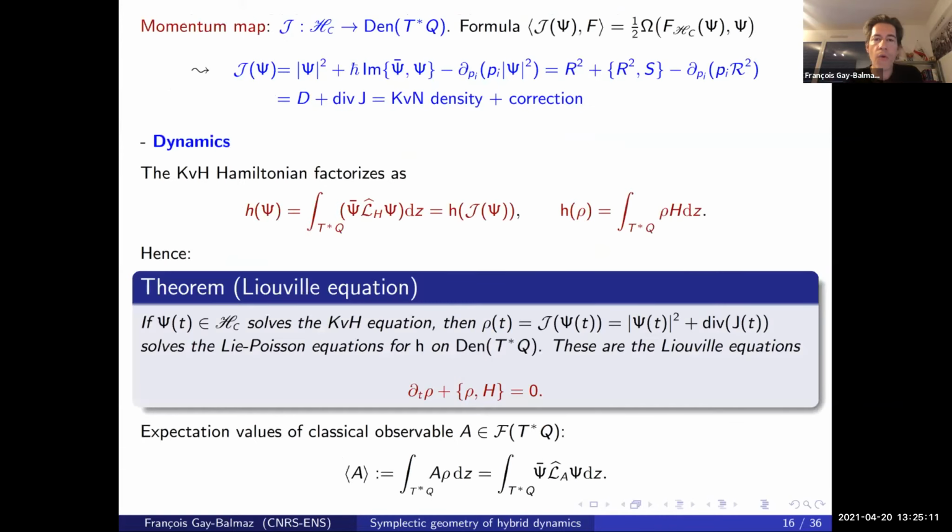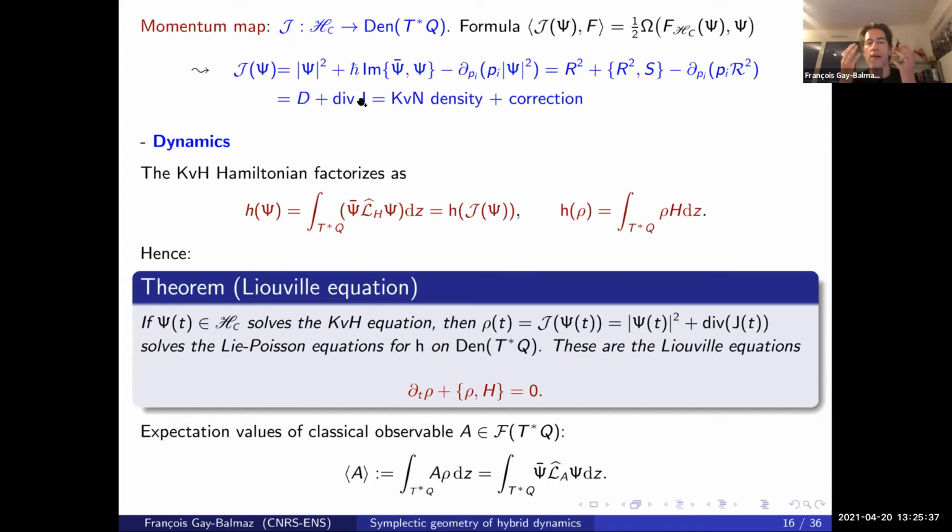So now what we have more than earlier is the momentum map associated to this. And here we get the expression of the density of the theory. I just compute the momentum map of this unitary action. I get some formula, so here the amplitude squared plus some divergence correction that was mentioned earlier.